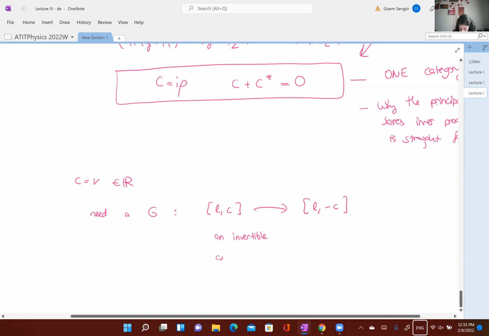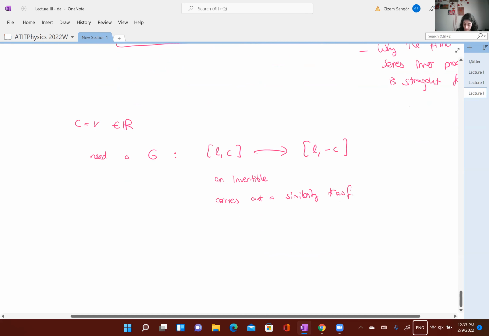And it carries out a similarity transformation. So it actually doesn't change the representation. It gives you a similar version of it. And it does this for you. So these are called intertwining operators. Also the transformation they do can be called a shadow transformation.